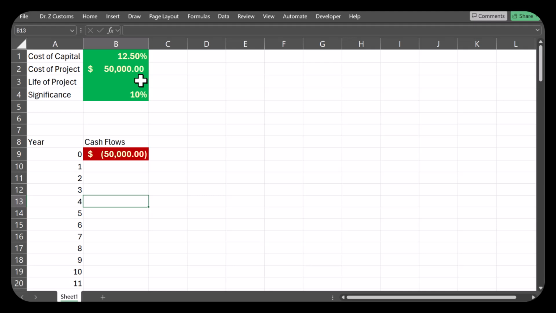As you know, I put a green background on this. So I want to put a green background on the first 5, but I'm going to leave the rest unchanged. But if I change the project life to 7, now I want the first 7 to have a green background, the rest unchanged. Well, how do I do that?